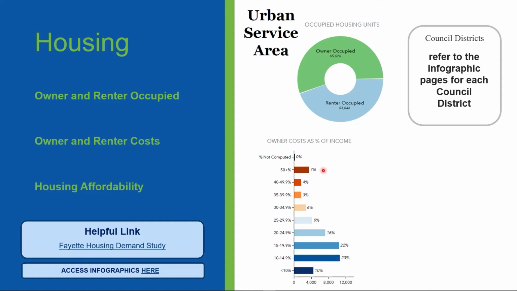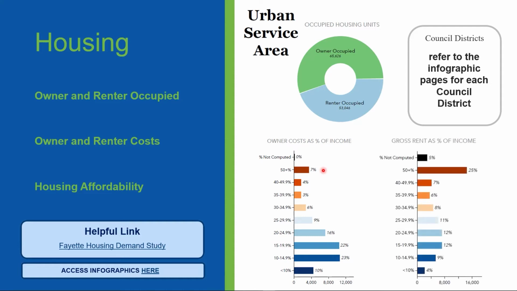Meanwhile, if we look at renters, we find that 46%, or almost half of renters, have housing costs that are not financially stable. Even more concerning, 25% of renters have housing costs that are 50% or more of their income. So imagine taking like half of each of your checks and it all goes to housing.